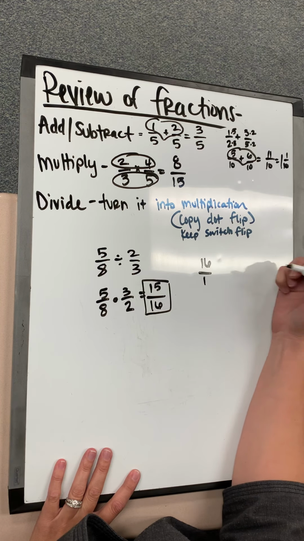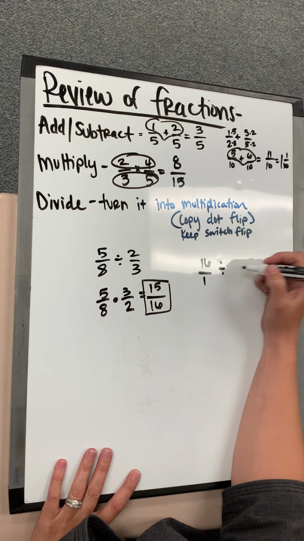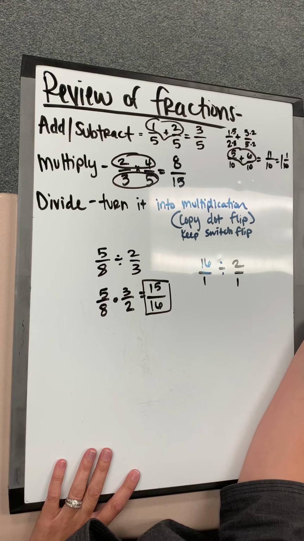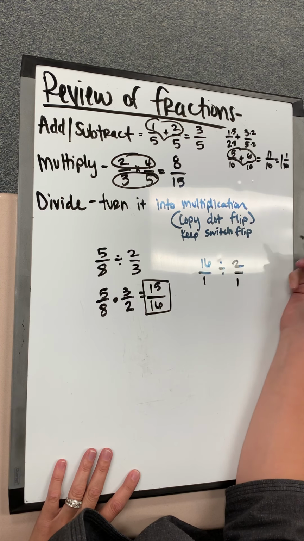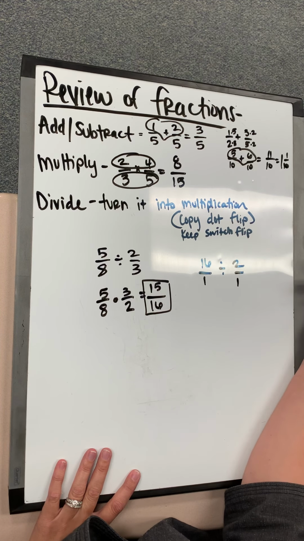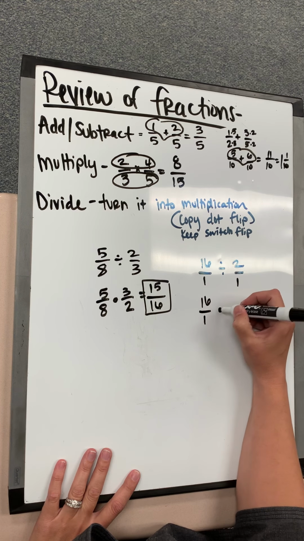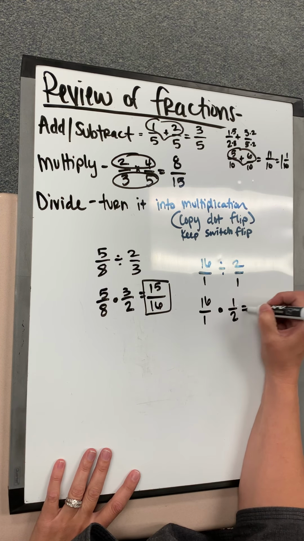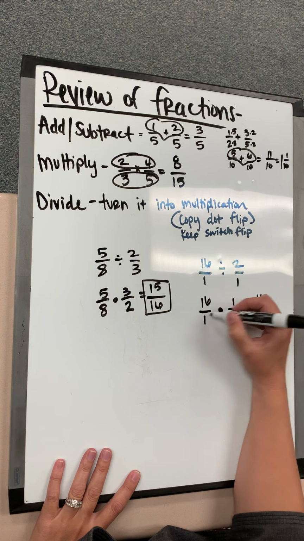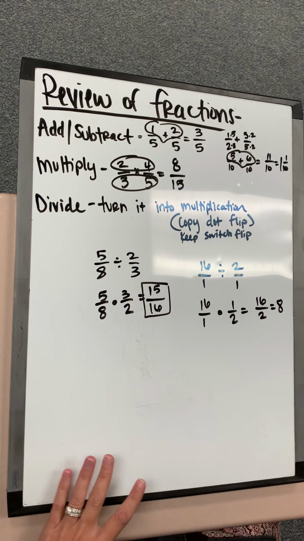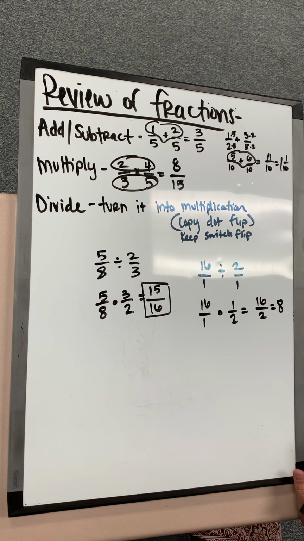So 16 is a fraction, and if I want to divide it by 2, I can make that into a fraction. I know what 16 divided by 2 is. I know it's going to be 8, but let's go ahead and check it. So copy dot flip. Straight across the top is 16, straight across the bottom is 2, 16 divided by 2 is 8. So it works, yay, we're so good.